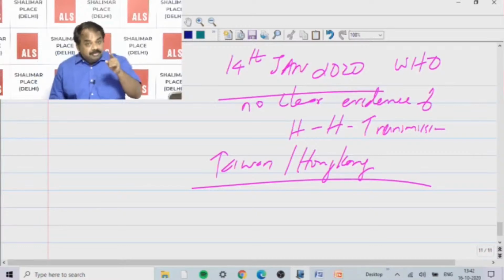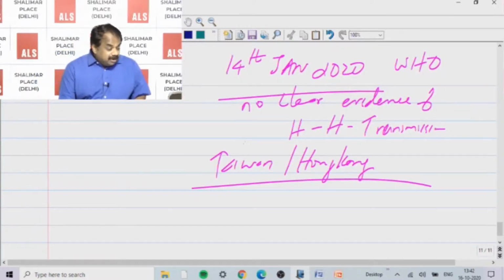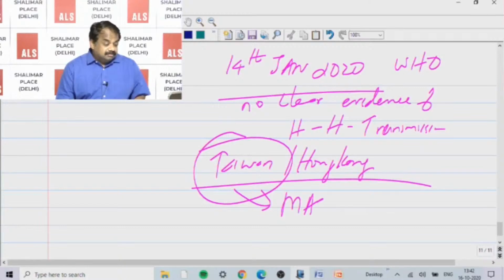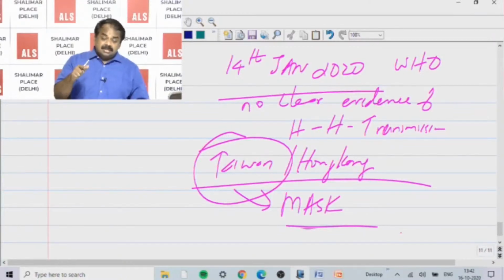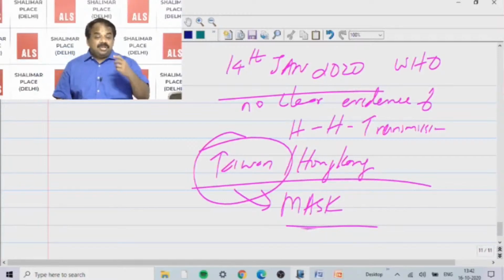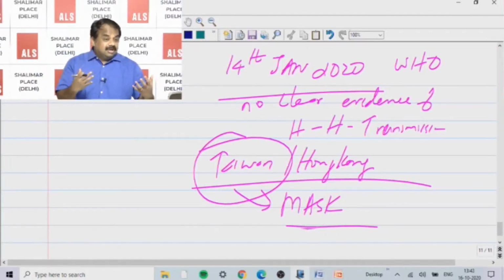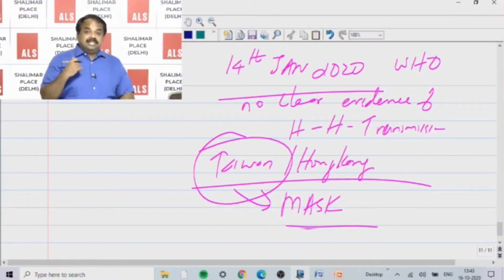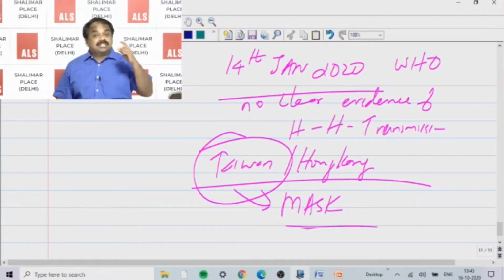Another funny thing was that Taiwan started increasing its production of masks. Mass production of masks started in Taiwan even before WHO said that masks can protect, when WHO was saying there is no evidence to suggest that masks can protect people from transmitting this disease. Why did Taiwan and Hong Kong do this?